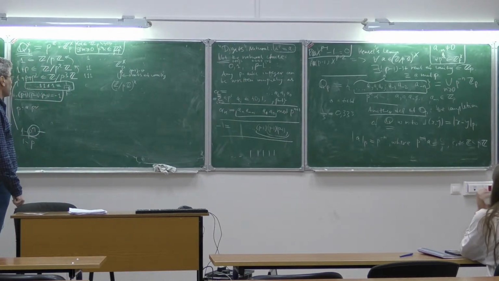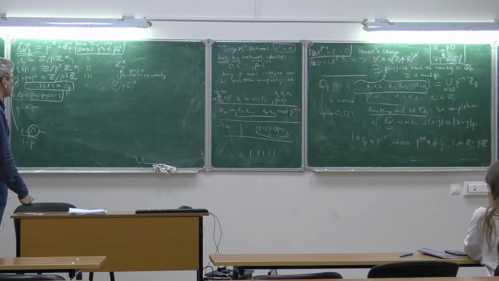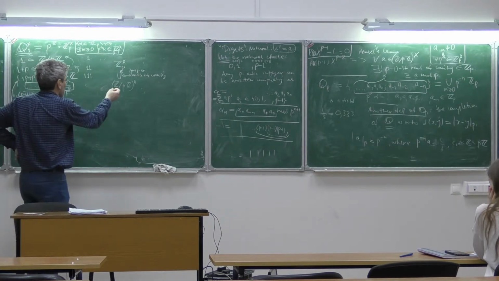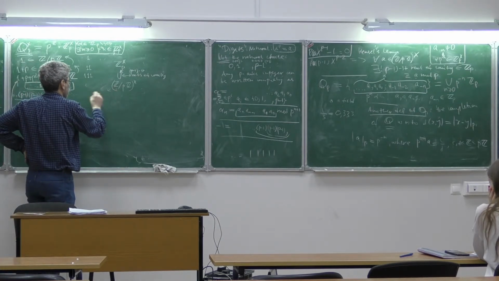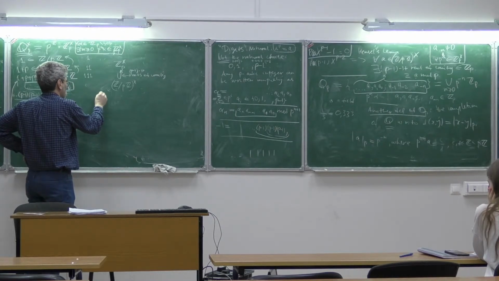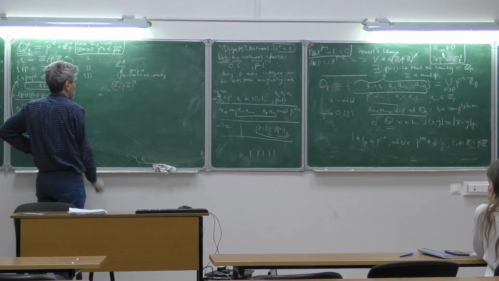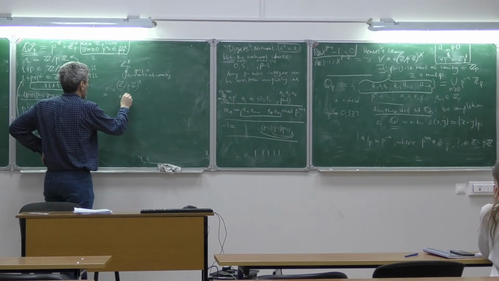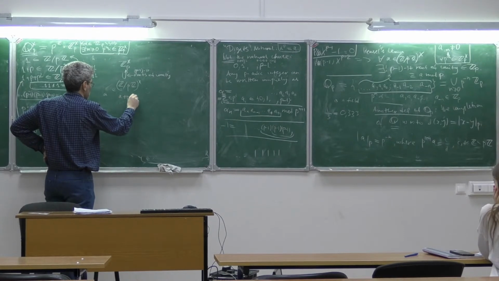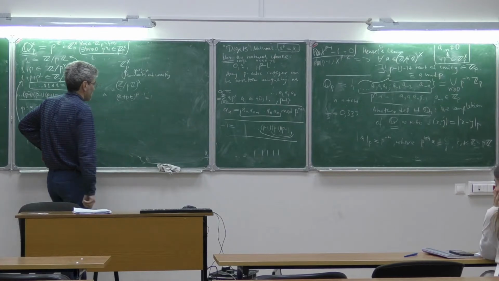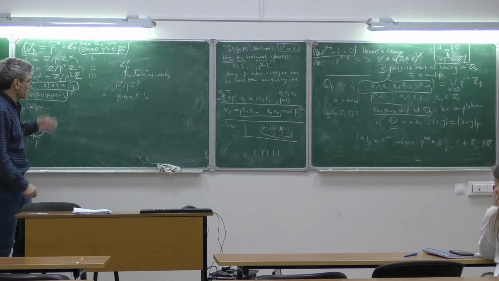Or, well, of course you can try to write it more or less explicitly. Namely, you can take A, and you have to solve the equation (A + TP)^(P-1) = 1.